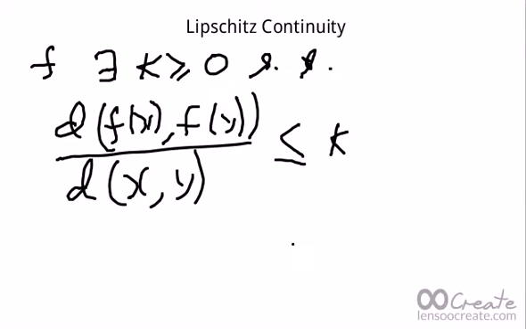That is, the slope is bounded by some constant k, then it is called Lipschitz continuous.